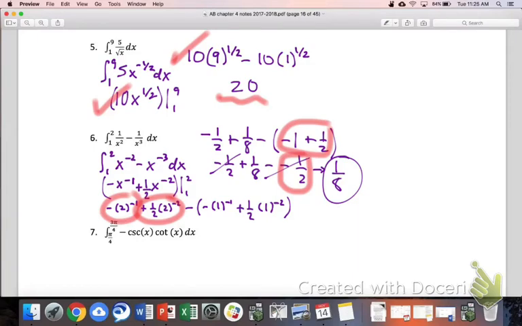So again, I want to be ultra clear on this. I want you to hear what's valued. On a quiz or a test, I think I'm going to ask you at least one question where you're going to have to go through some kind of a process like this. I'm going to put a premium of points on your antiderivative. That shows you know how to do an antiderivative. I'm also going to put a premium on points of you doing FTC1.